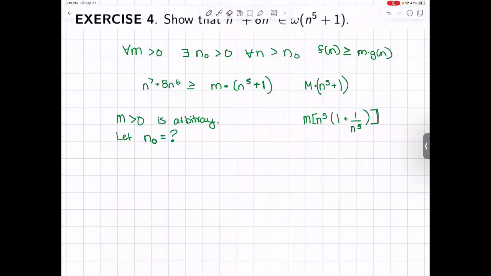Let's start over. Let's start out by factoring out that n to the 5 and see what we can learn about this problem space. 1 plus 1 over n to the 5 is going to be like that.